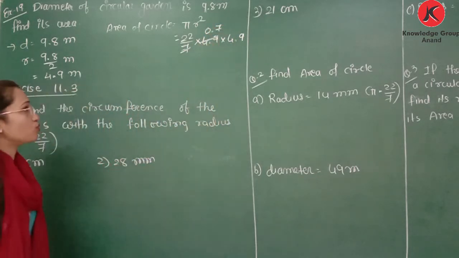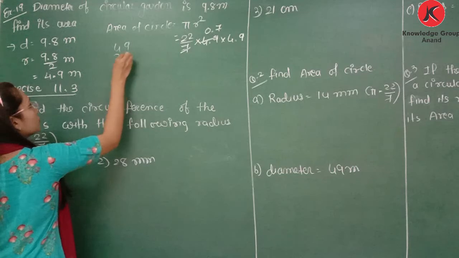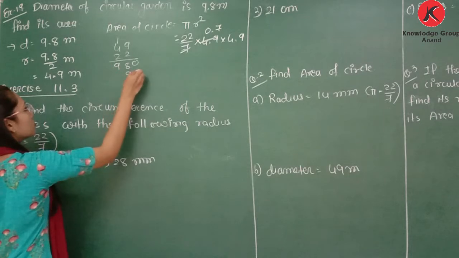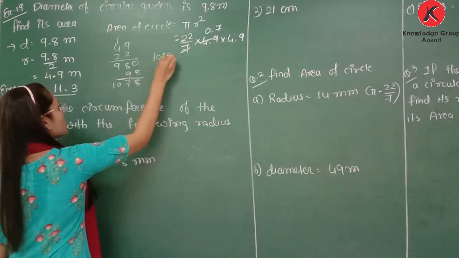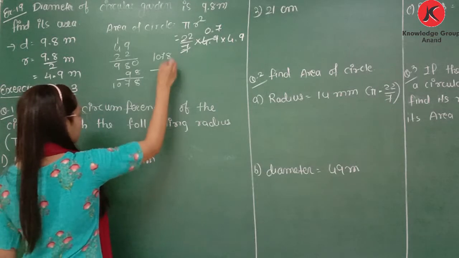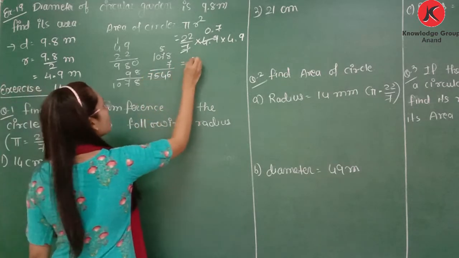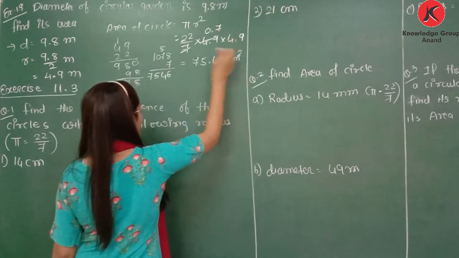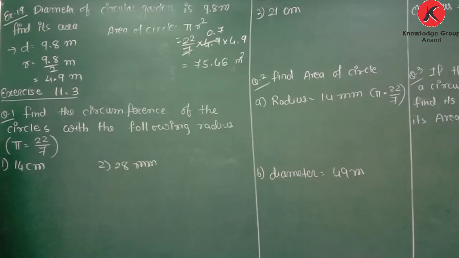Now multiply 22 with 4.9 and 0.7. 1078 is multiplied with 7. So it is 75.46 centimeter square. That is what? Area of circle.